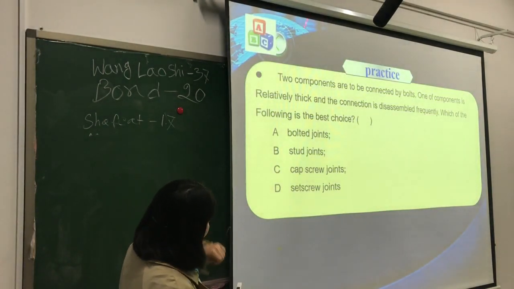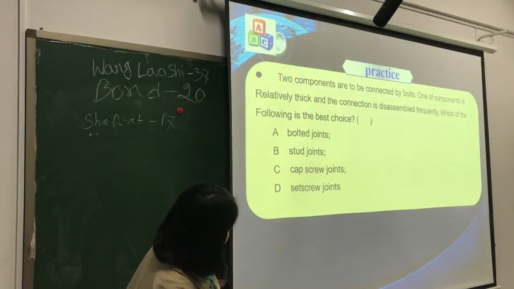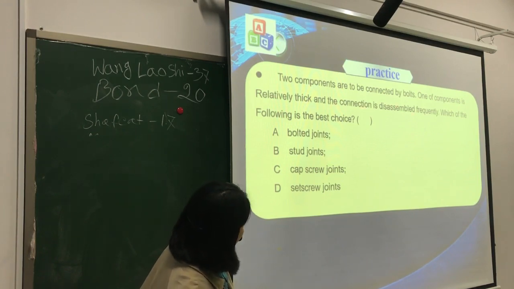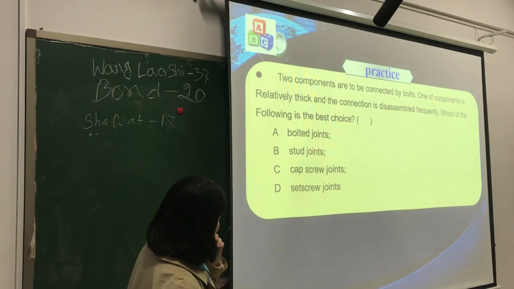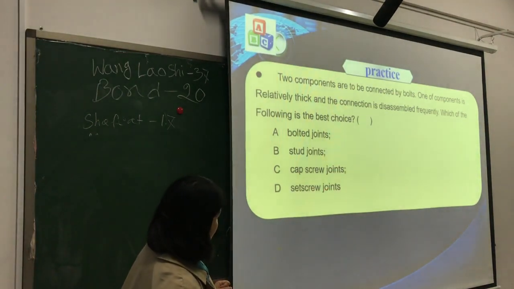Okay, two components are to be connected by bolt. One of the components is relatively thin, and the connection is disassembled frequently. Which of the following is the best choice? A bolt joint, a stud joint, a screw joint, or a set screw joint?